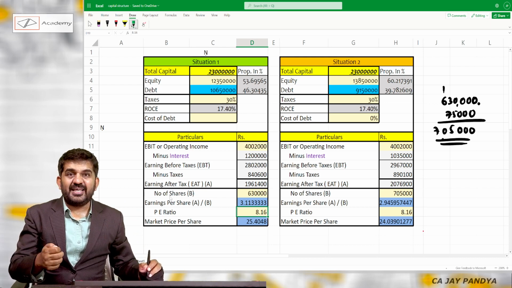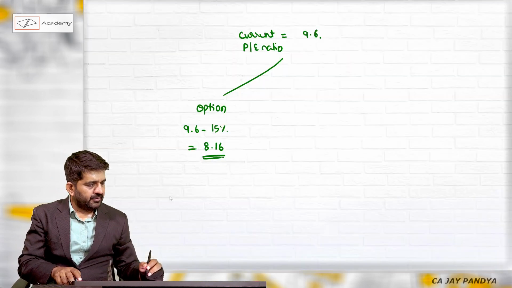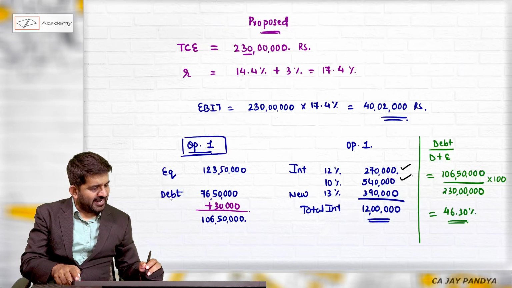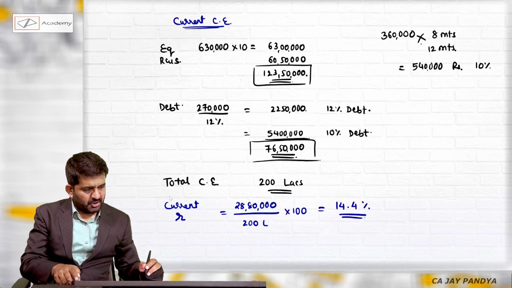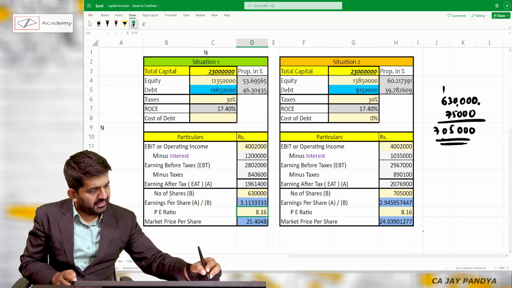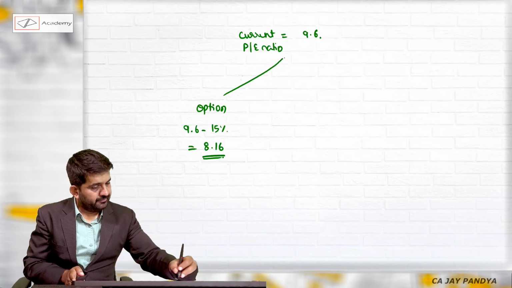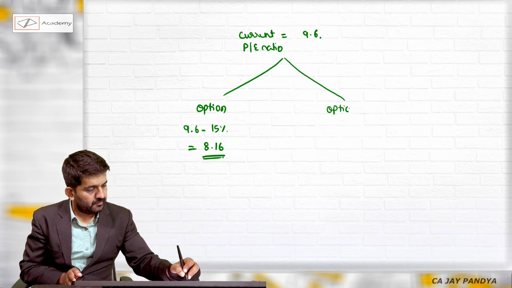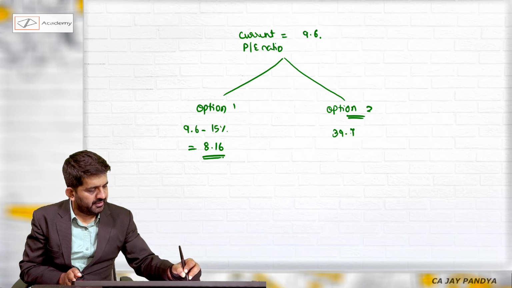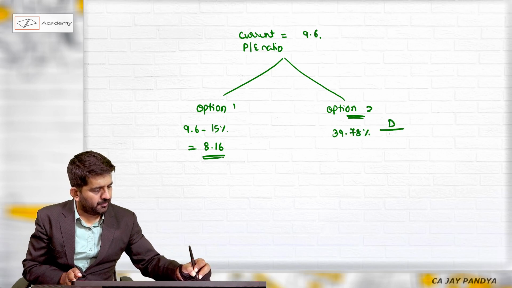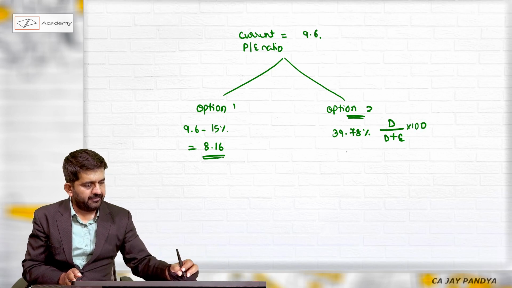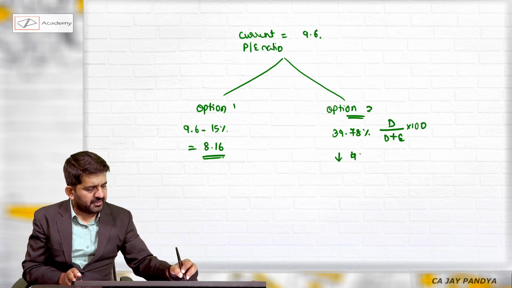Let me find out the PE ratio in option number 2. What is debt upon debt plus equity in option number 2? It is 39.78%. 39.78% is the debt upon debt plus equity, which is total capital employed multiplied by 100, which is less than 45%.